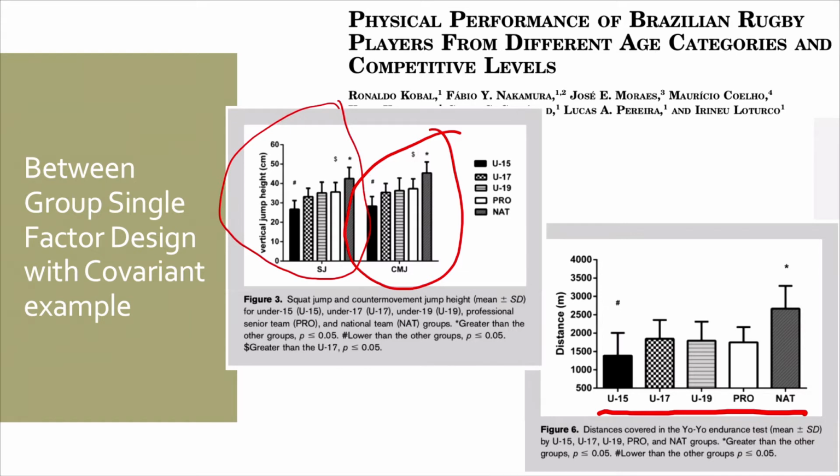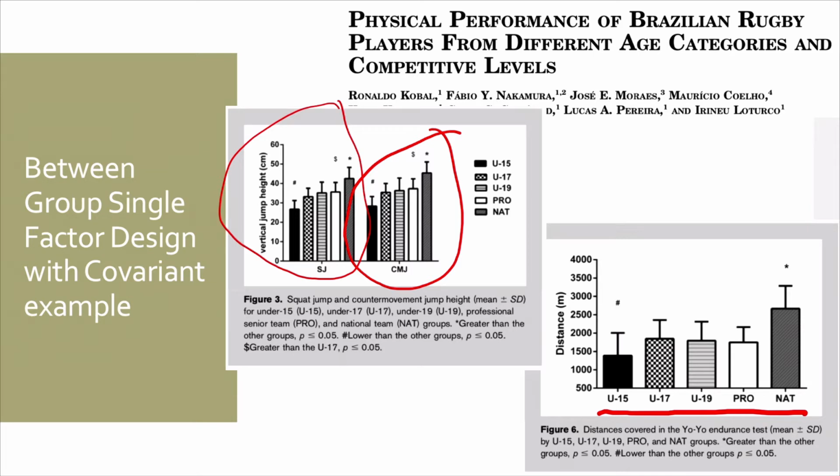What they wanted to do was compare and create a set of norms for individuals at these various skill levels. They were worried that not only the differences in training and how hard they work exist between the different age groups, but they were worried about physical maturation.